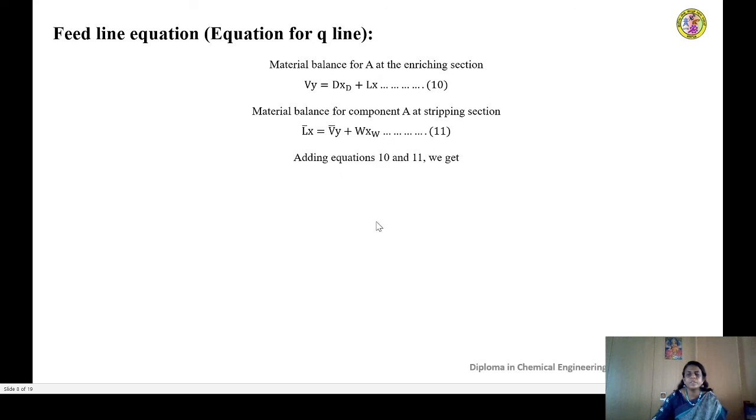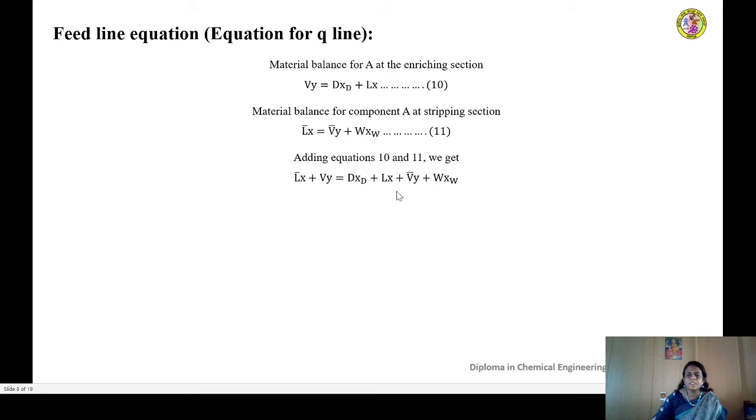So adding the two equations, L bar X plus Vy on the left hand side is equal to dxt plus Lx plus V bar Y plus Wxw. Now take all the terms that have X on one side and the terms which have Y on the one side.